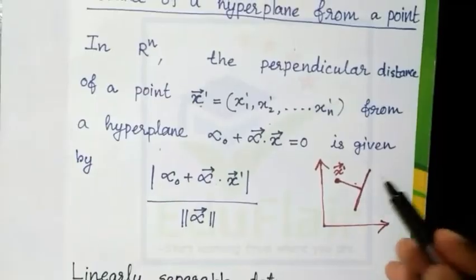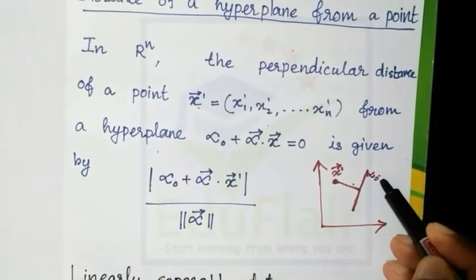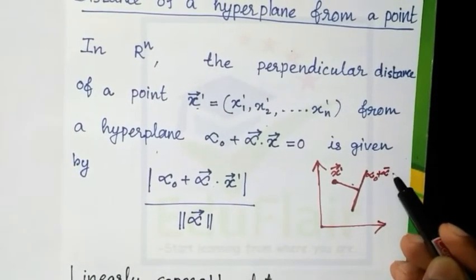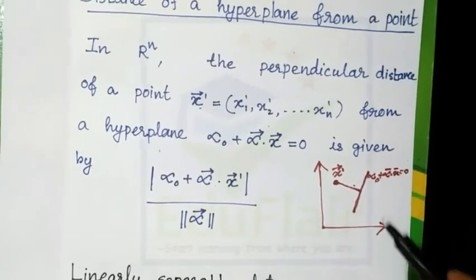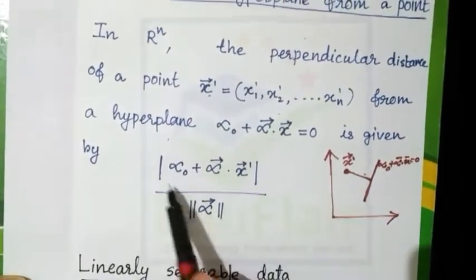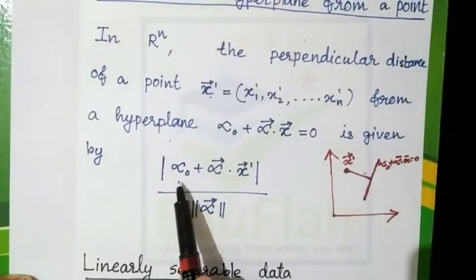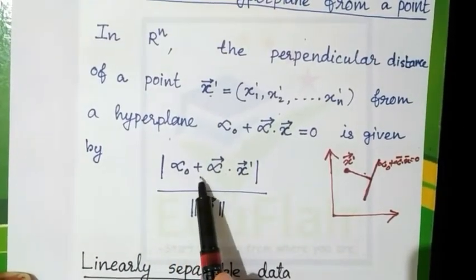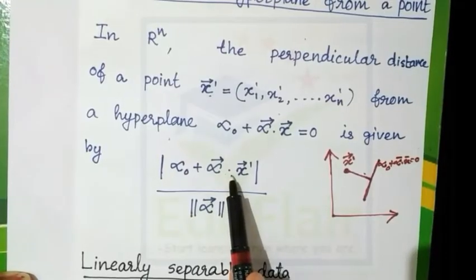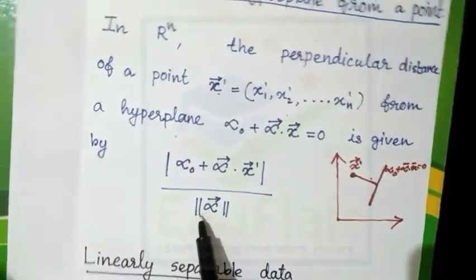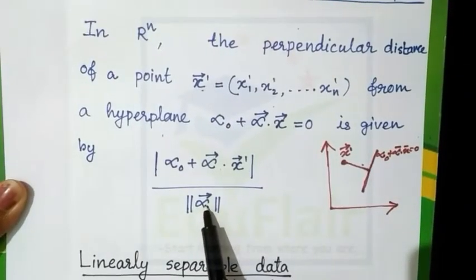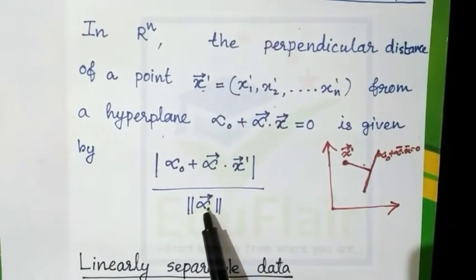So this is the hyperplane of the form alpha 0 plus vector alpha dot vector x is equal to 0, is given by the equation like this. Mod alpha 0 plus vector alpha dot vector x dash divided by norm of vector alpha.